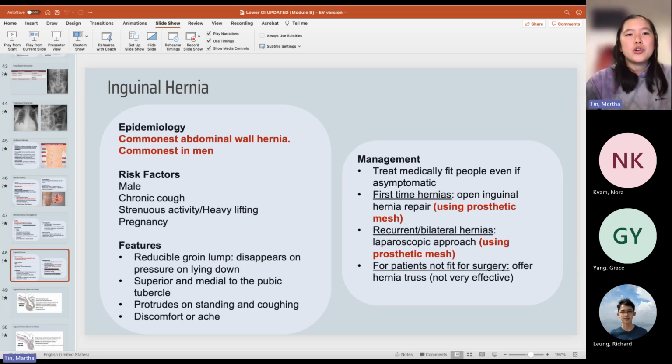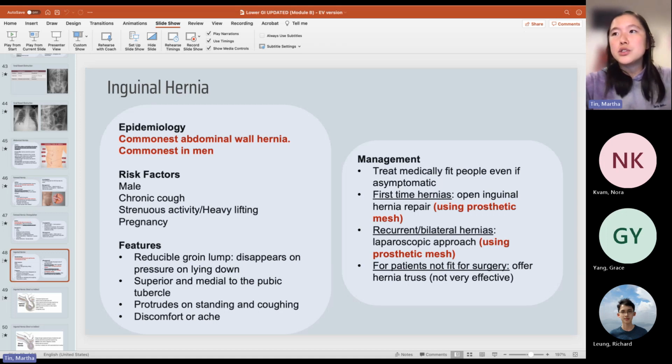And just like with femoral hernia, inguinal just refers to the location of the hernia itself. In this case, it herniates into the inguinal canal. We'll talk a little bit more about the anatomy of that later. But again, it's worthwhile to go back and revise what forms the borders on each side and on the back of the inguinal canal.